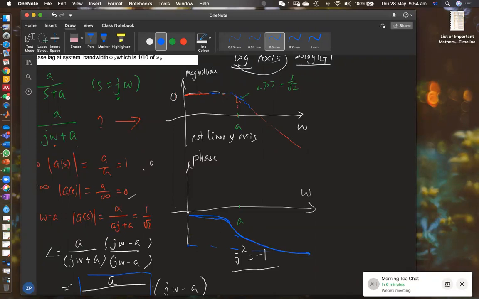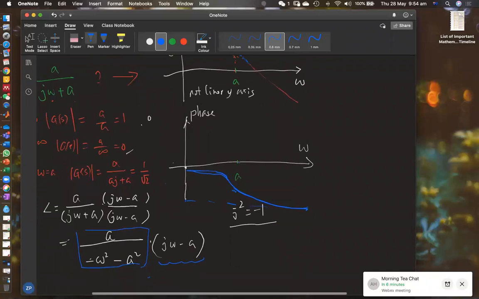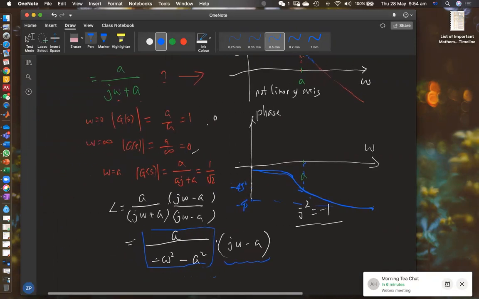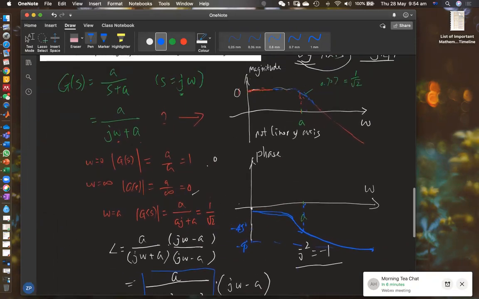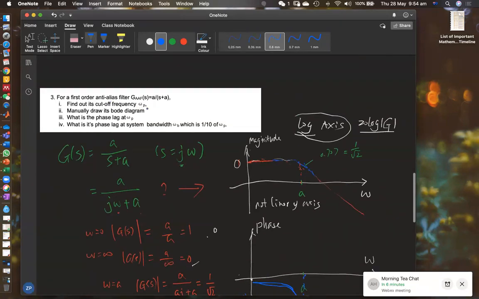This A corresponds to negative 45 degrees, and this will be negative 90 degrees for infinity. So we got a general Bode diagram for the first order system. The question is to find the cutoff frequency omega p.